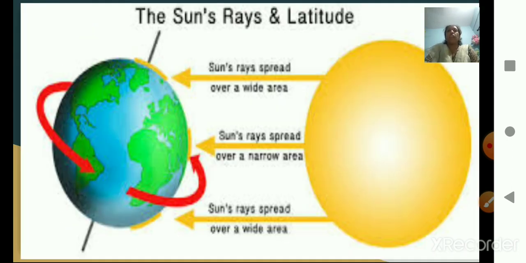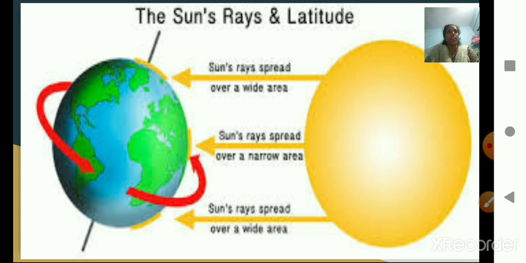As we all know that the earth receives light from the sun. The earth gets heated by the rays of the sun falling on it. Look at the diagram, children. It shows the same amount of rays from the sun falling at different parts of the earth's surface.